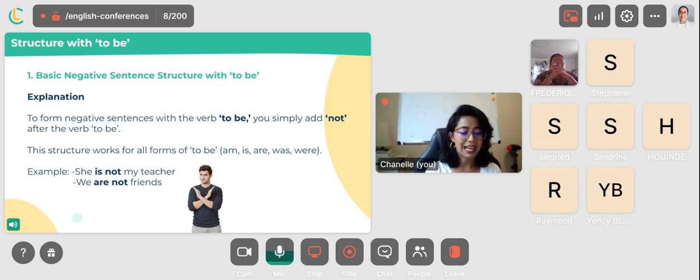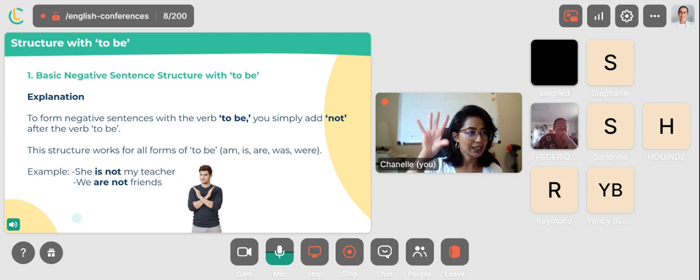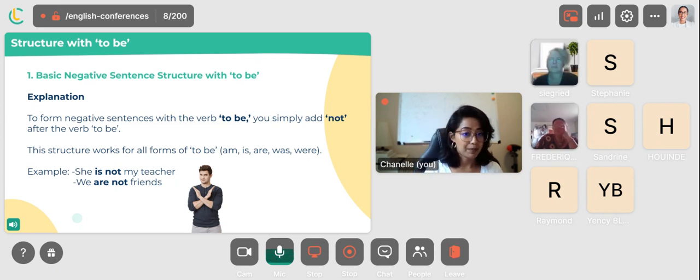For example, am, is, are, was, or were. For example, she is not my teacher. We are not friends. Donc, c'est avec être, on ajoute not juste après. On n'ajoute pas, par exemple, avec does and do not, on ajoute que not. So we only add not after the verb to create the negative.